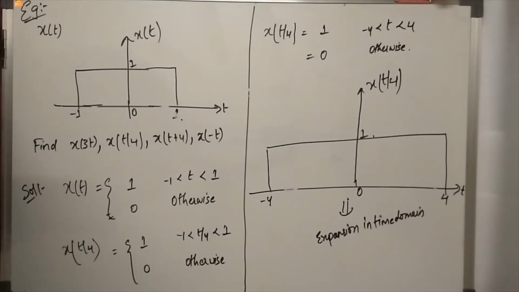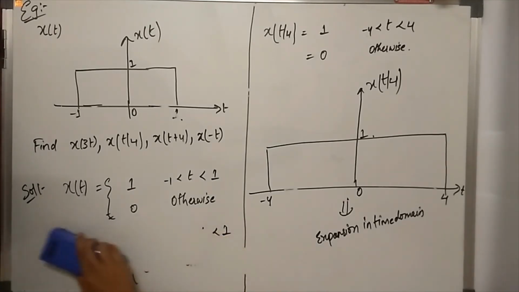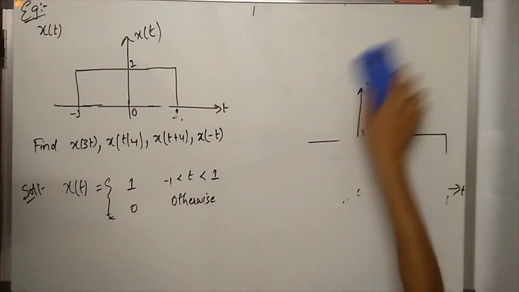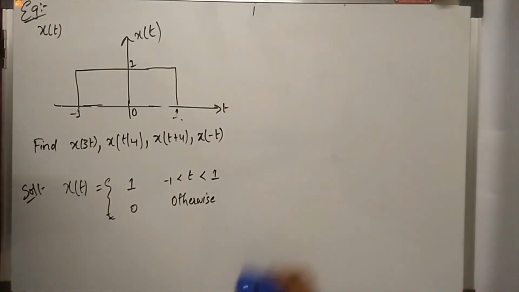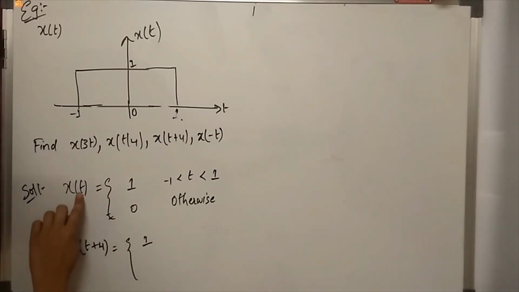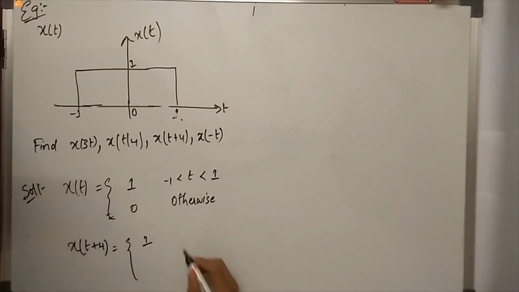Now we will see x of t plus 4. To find x of t plus 4, all I need to do is replace t by t plus 4. Minus 1 less than t plus 4 less than 1, 0 otherwise.